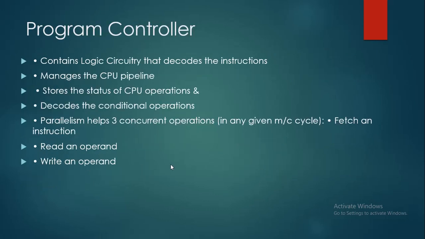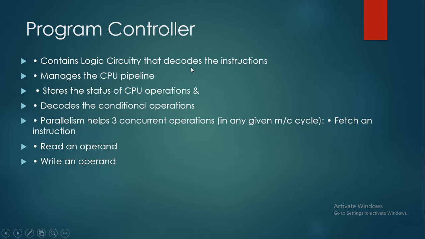Program controller. The program controller contains logic circuitry that decodes the operational instructions and manages the CPU pipeline, stores the status of the CPU operation, and decodes the conditional operations. It consists of the program counter, status control register, hardware stack, address generation logic, and instruction register.